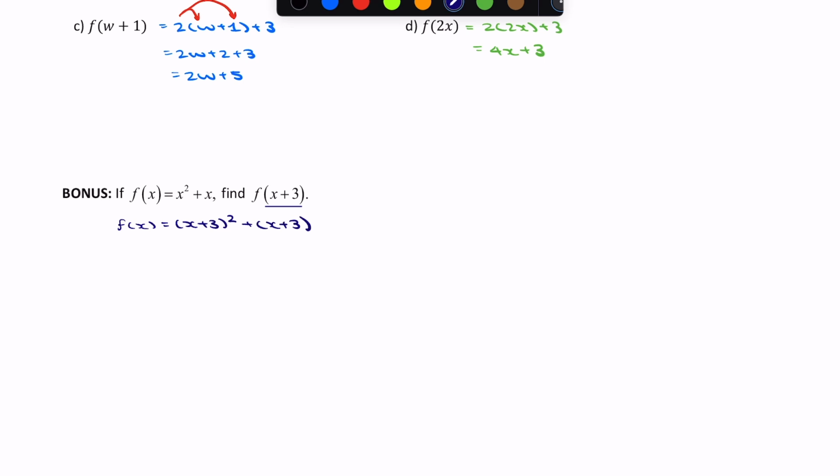Now here we have to make sure we can take out the x plus 3 as a common factor, and we're left with x plus 3 plus 1, which is equal to x plus 3 and x plus 4.